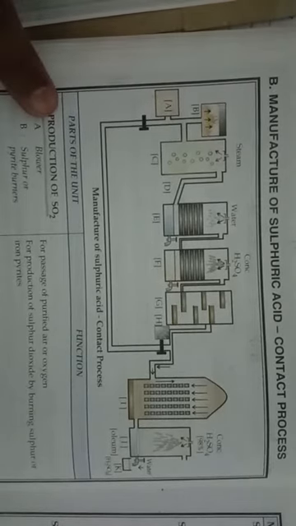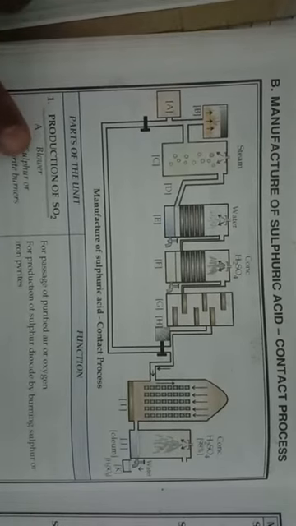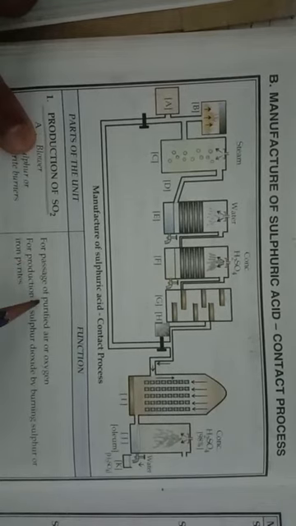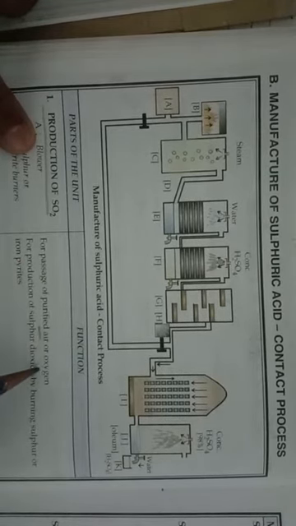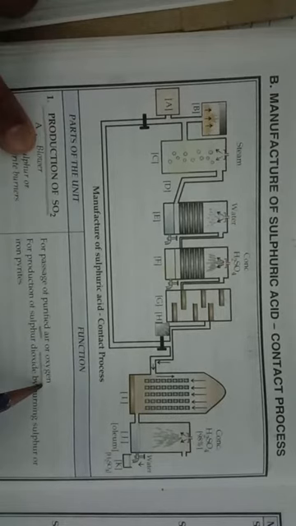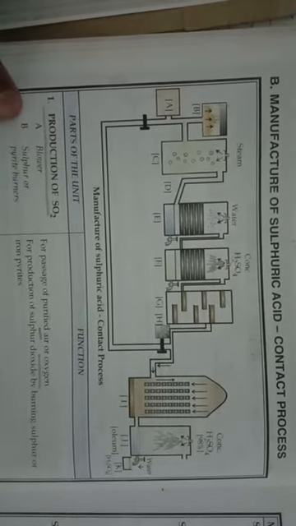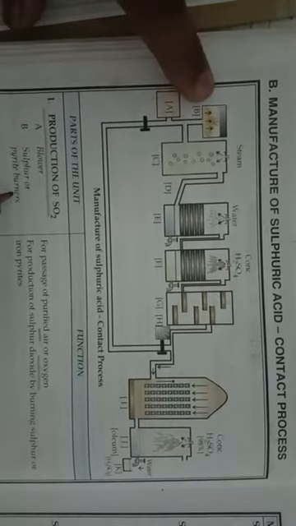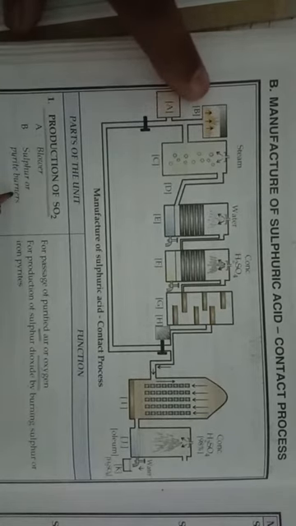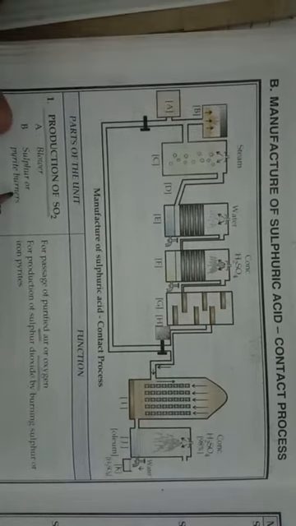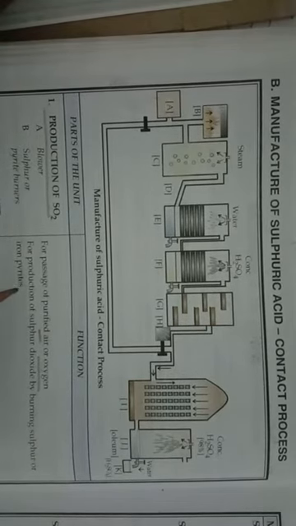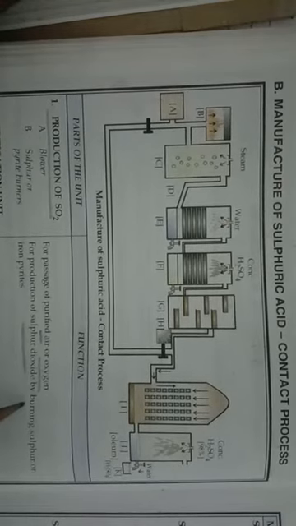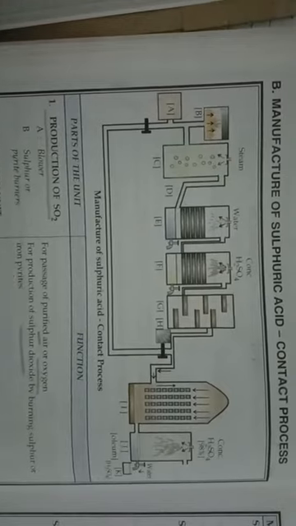Out of these two, A is the blower, which is used for passage of purified air or oxygen. The second part, B, is the sulfur or pyrite burner. These burners are used for the production of sulfur dioxide by burning sulfur or iron pyrite.